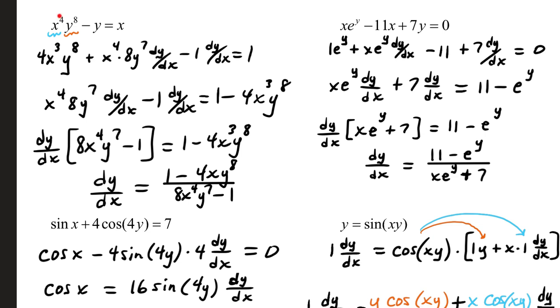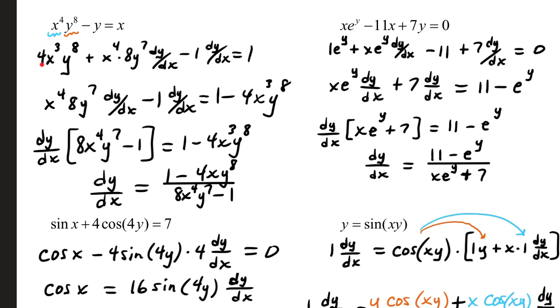Using product rule, we have derivative of the first, that's 4x cubed times the second, plus leave the first one alone, and the derivative of the second, that's 8y to the seventh dy/dx. Middle term is minus y. Its derivative is minus 1 because it's a y variable, dy/dx. And then finally, the derivative of x is just 1.